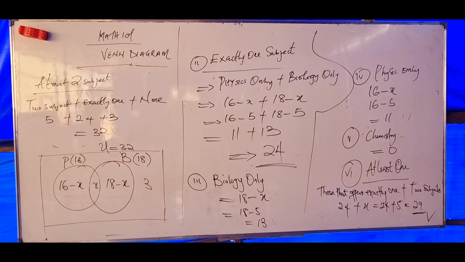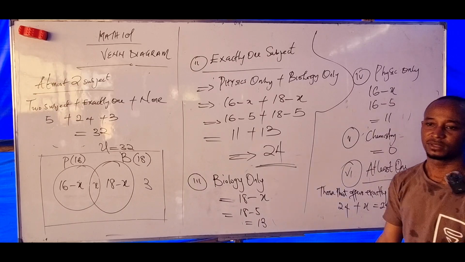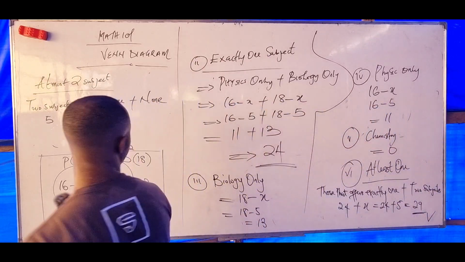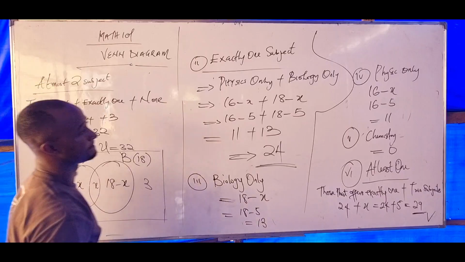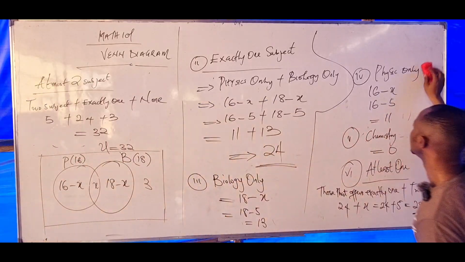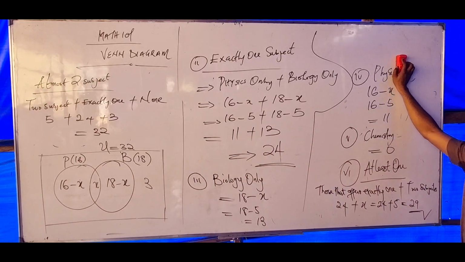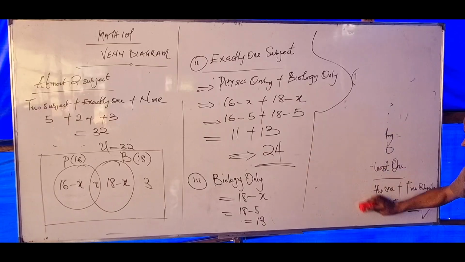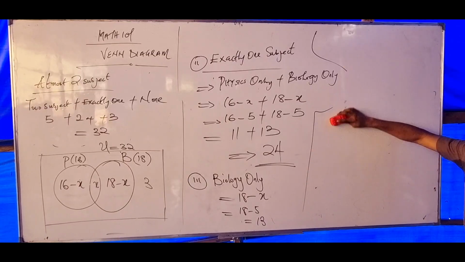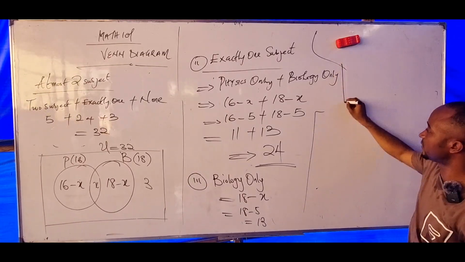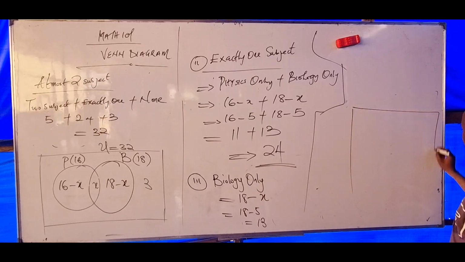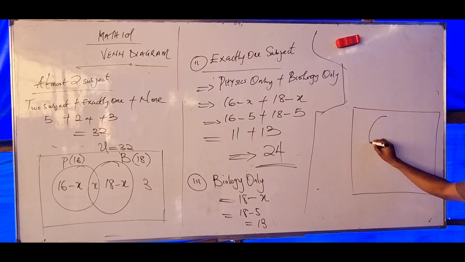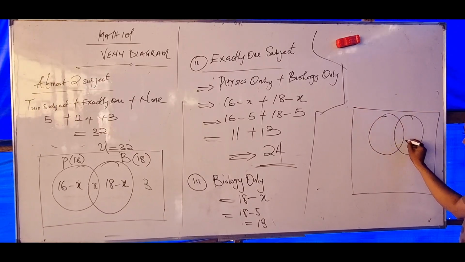When they say at most 3, what does it mean? Let me show you something. Listen, while you are writing, just pay attention. Let's see if I have 3 subsets, and let's analyze it together. 1, 2, and 3.